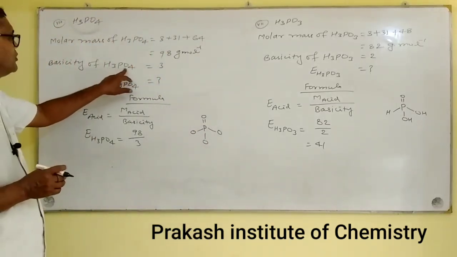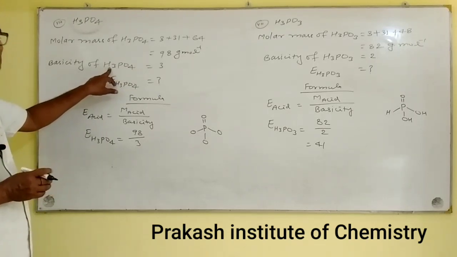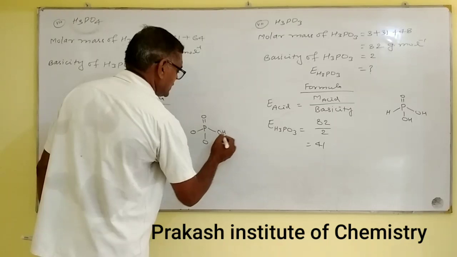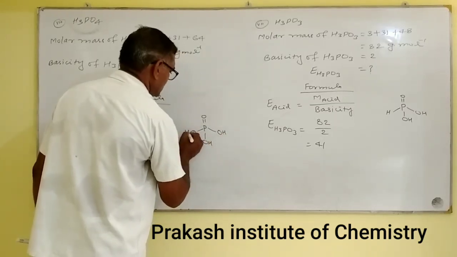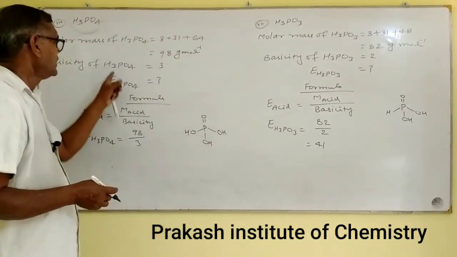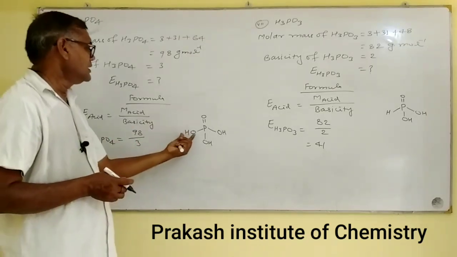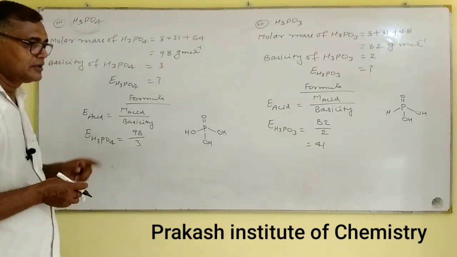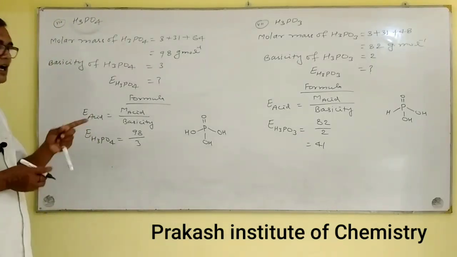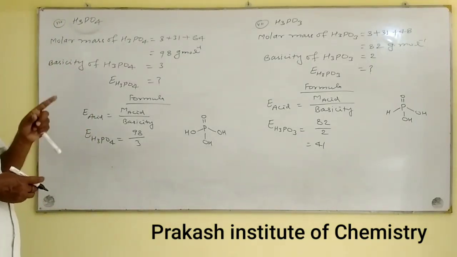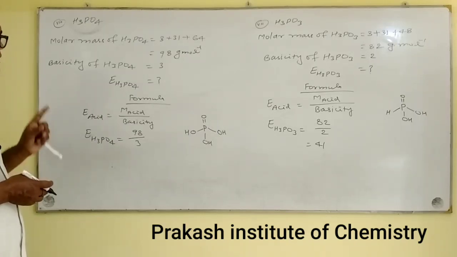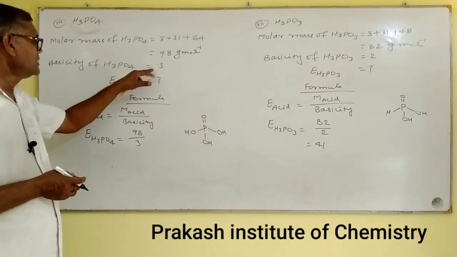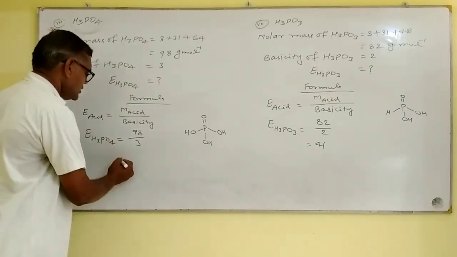In H3PO4, number of hydrogen atom 3. One hydrogen atom added to this oxygen and this oxygen and this oxygen. In H3PO4, 3 hydrogen atoms are present which ionize in hydrogen ion. Therefore, basicity of H3PO4 is equal to 3.